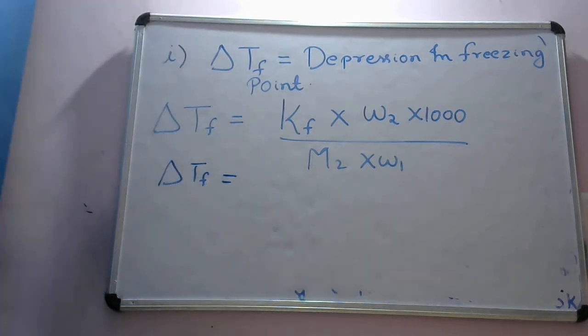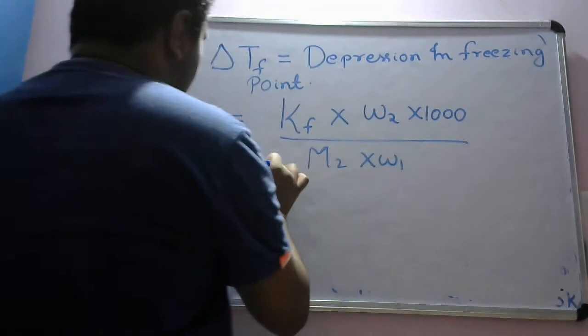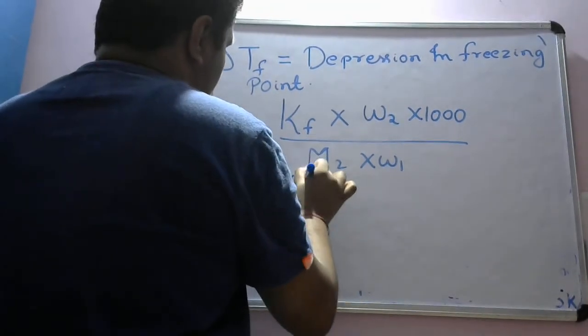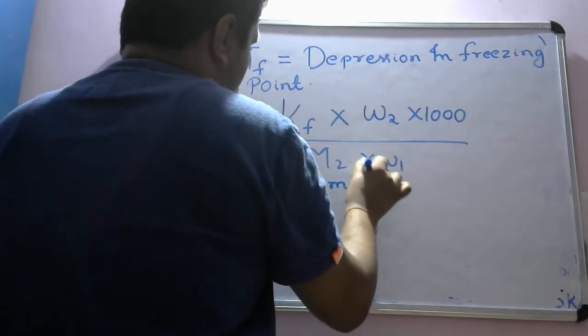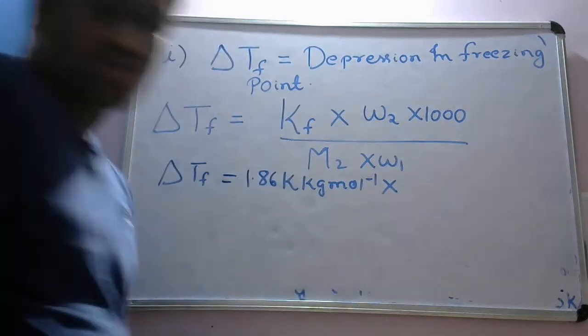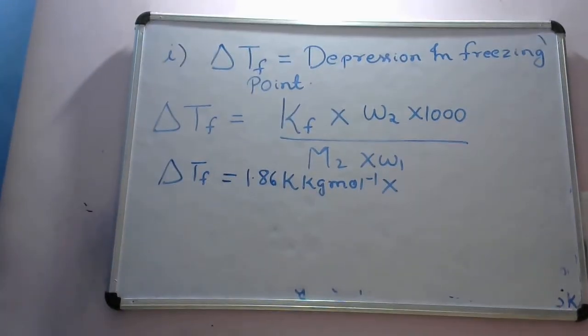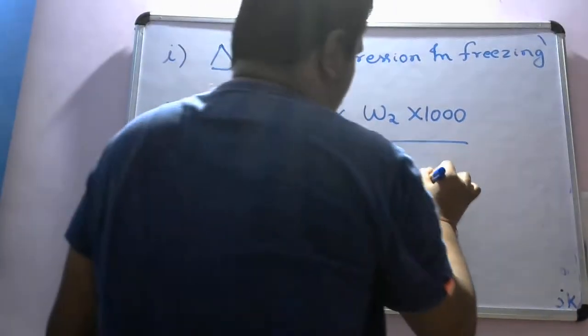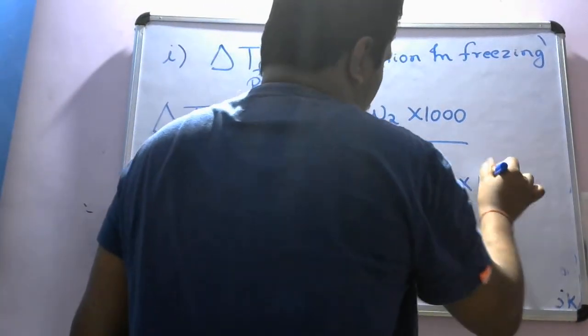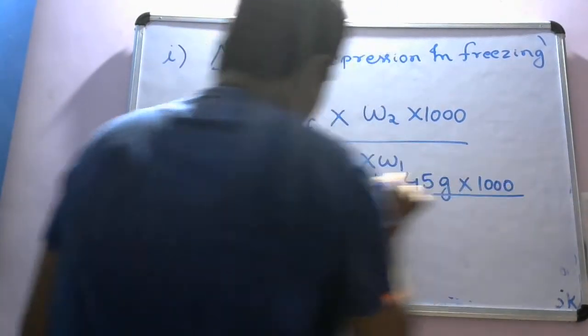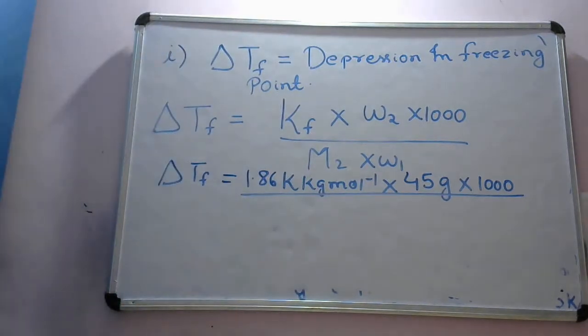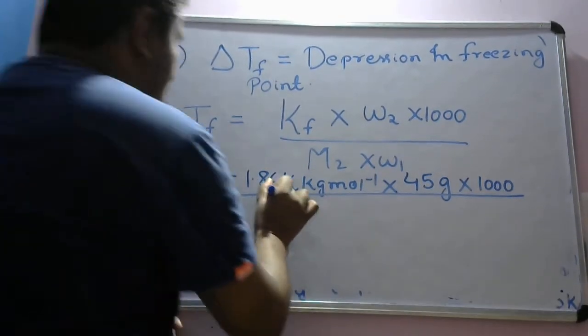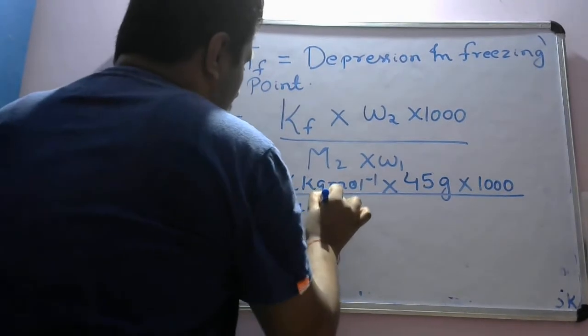Kf value is given to be 1.86 Kelvin kg mole inverse. W2 is mass of the solute, that is 45 grams, into 1000. M2 is molar mass of solute, we have calculated 62 grams per mole.